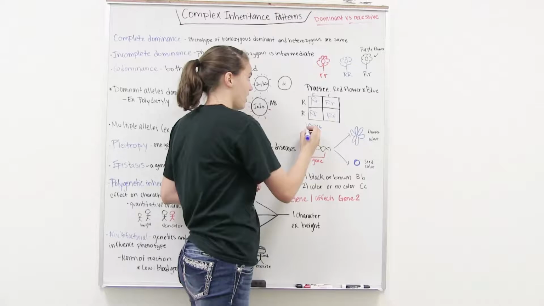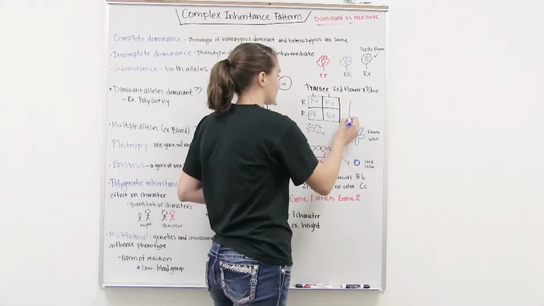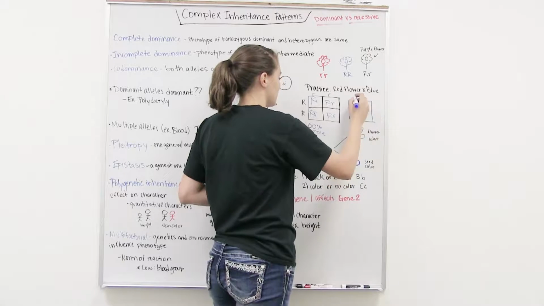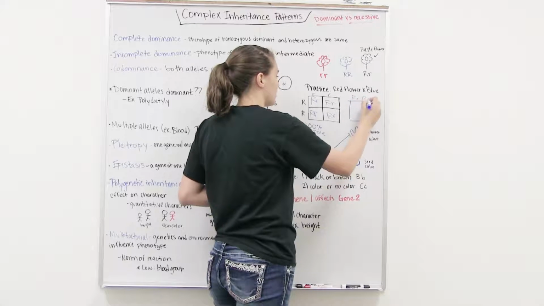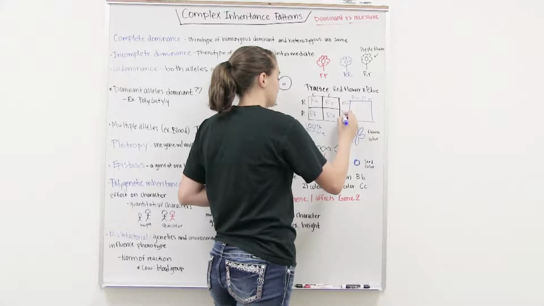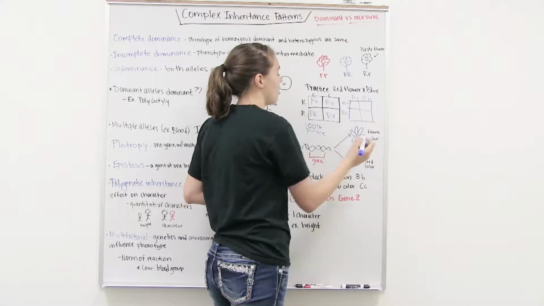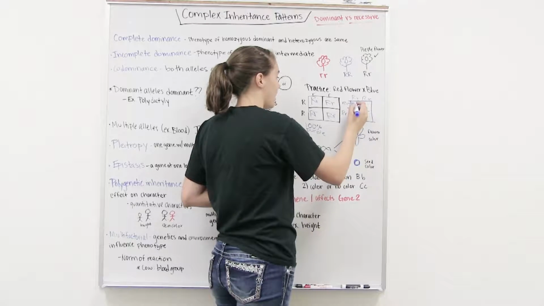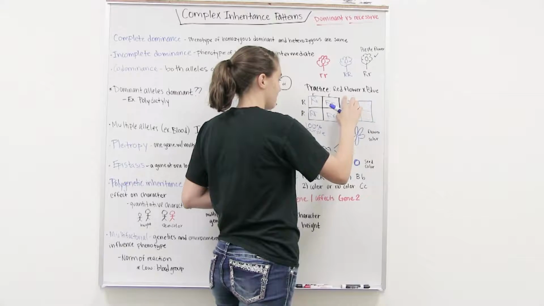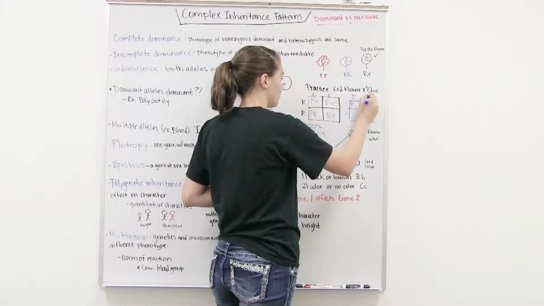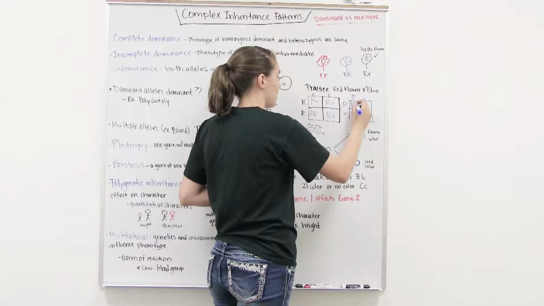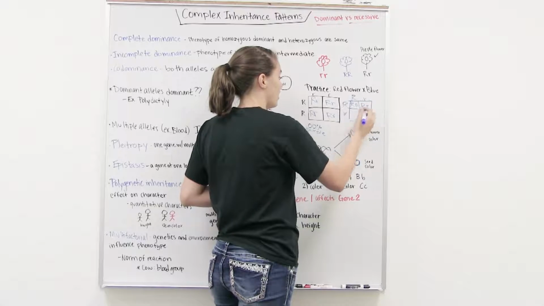However, if we then cross these individuals with each other, our big R, little r, big R, little r, what we get is not a mix.